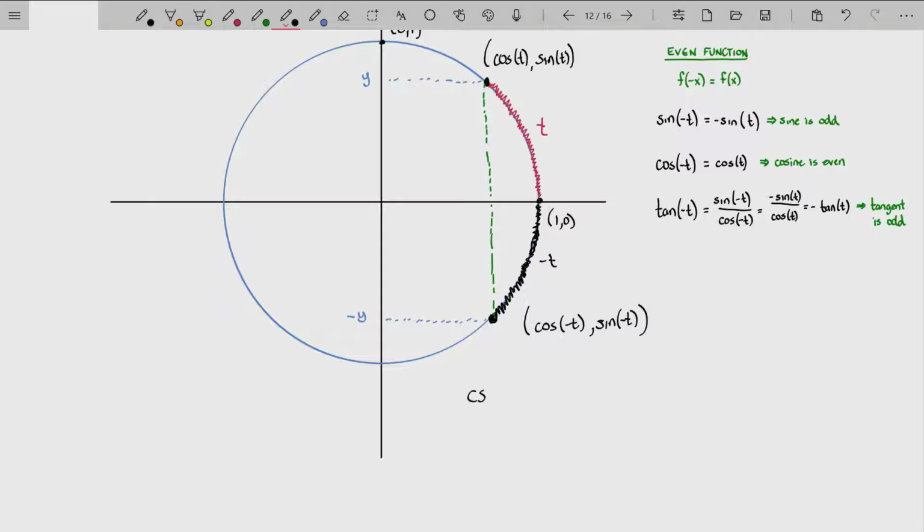The cosecant of negative t is 1 over the sine of negative t. But sine is odd, so that's 1 over the negative sine of t, which is a negative 1 over the sine of t, which is a negative cosecant of t. There we go. So cosecant is odd.